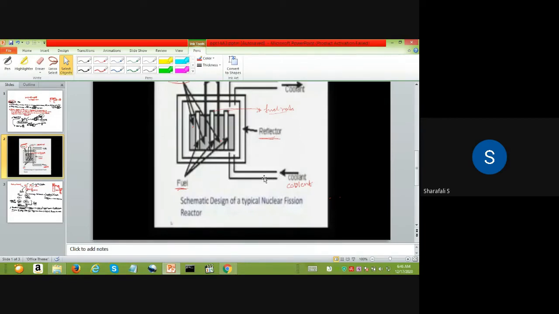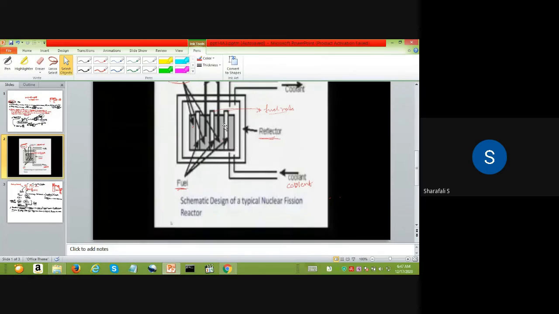This coolant will be going through here, but since nuclear fission happens here, it will produce a very large amount of energy, along with those neutrons and daughter nuclei.